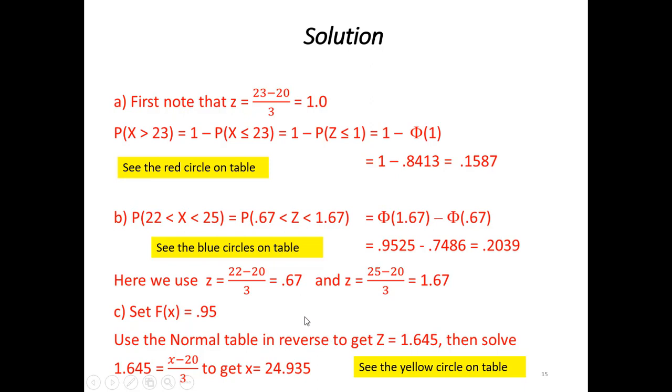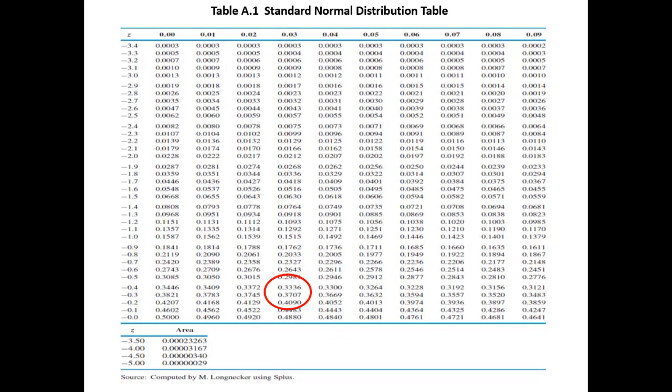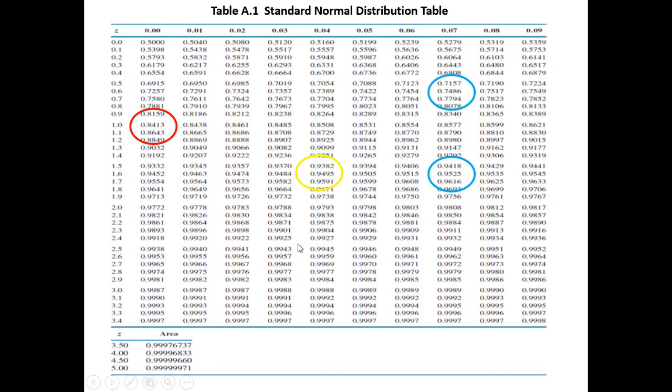Okay, so let's check that out. If we go to the z values, where am I going to get 0.95? The idea is we look inside the body of the table and try to get as close to 0.95 as possible. You see over here I have 0.9495 and I have 0.9505.